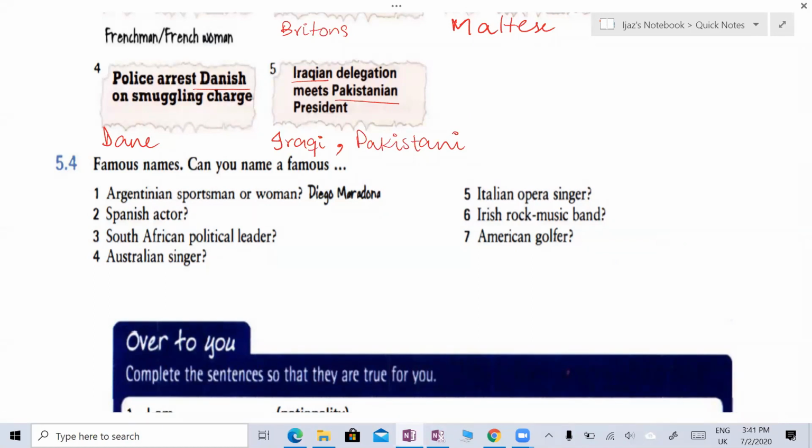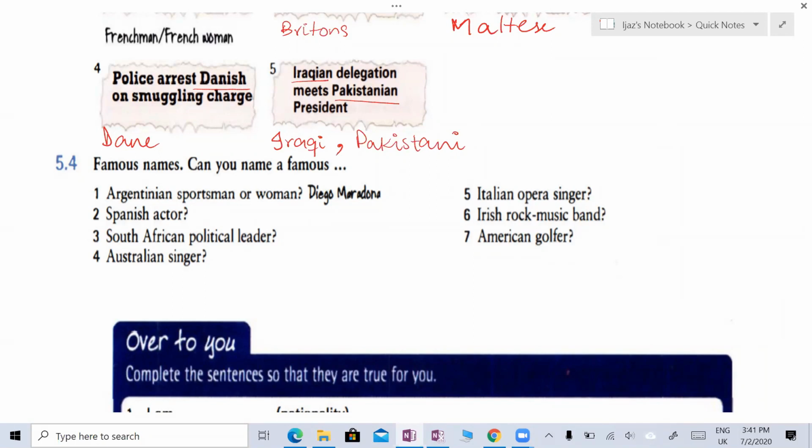Okay, next one. It's more like a general knowledge question, and I don't know how good you are at this kind of general knowledge. It means you give a few famous names. Number 1, Argentinian sportsman or woman. If you are a lover of football, I'm sure you know this man is world famous, Diego Maradona.